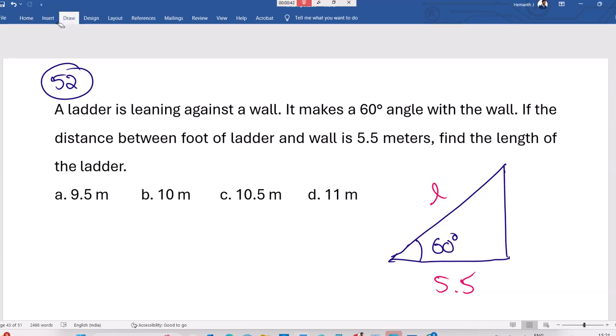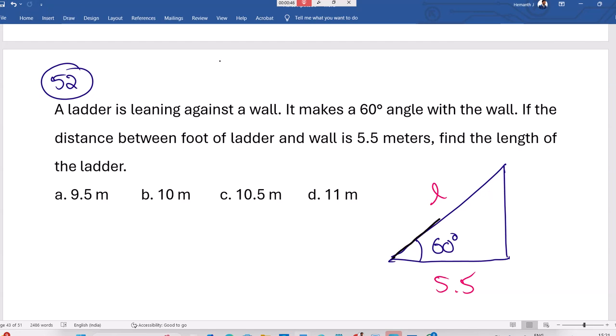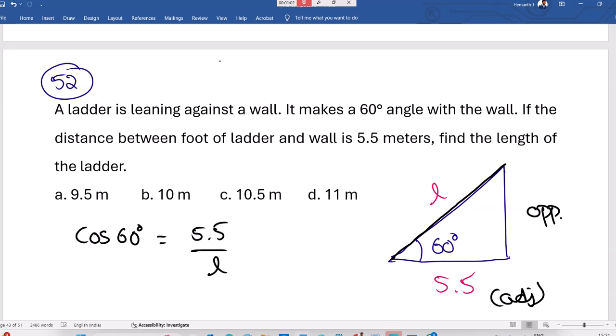So we can go for what? You know the base. So cos, right? Cos 60 degrees is, this is opposite, this is adjacent side. So hypotenuse is available. So 5.5 divided by L. Adjacent divided by hypotenuse.